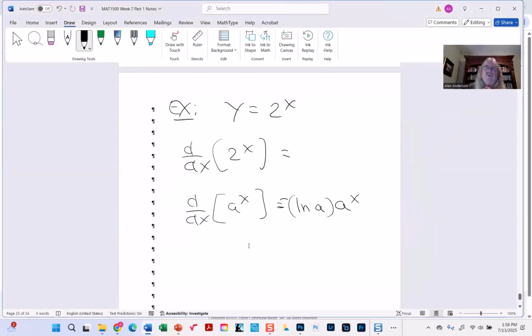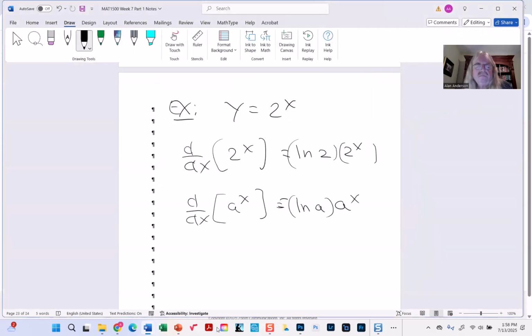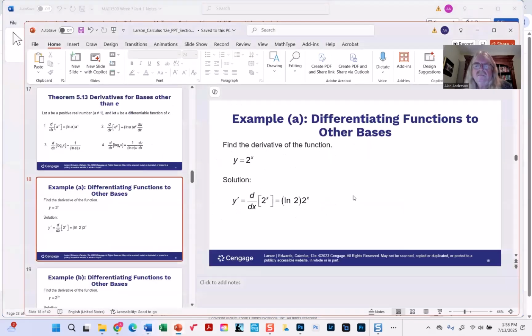So therefore, this one must be 2 to the x log 2. Yeah, it's right there. Okay.